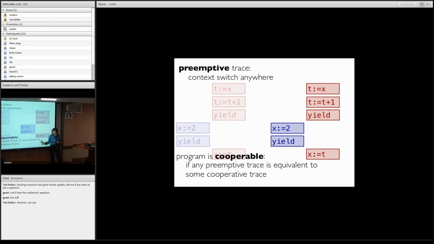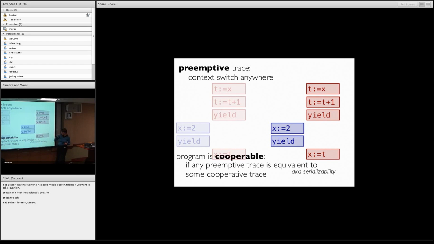So we say that it's cooperable. This is the key idea of cooperability. A program is cooperable if any preemptive trace, so here's our preemptive trace, is going to be equivalent to some cooperative trace. You may have seen serializability, another phrase that means the same thing.